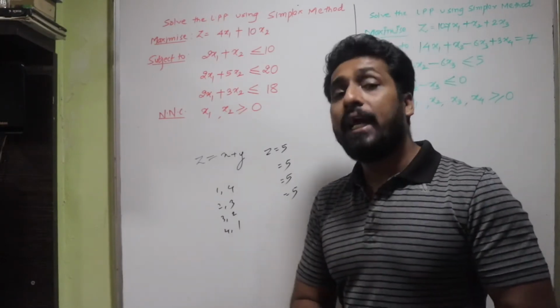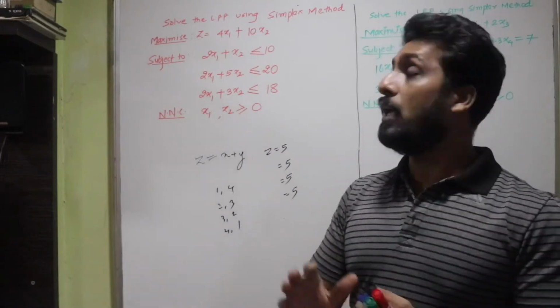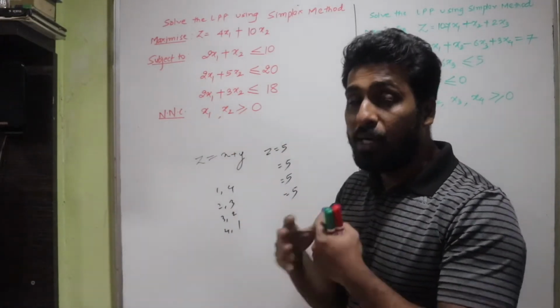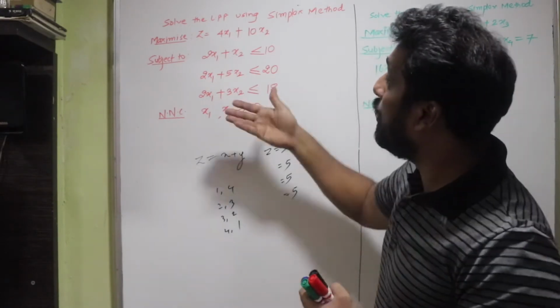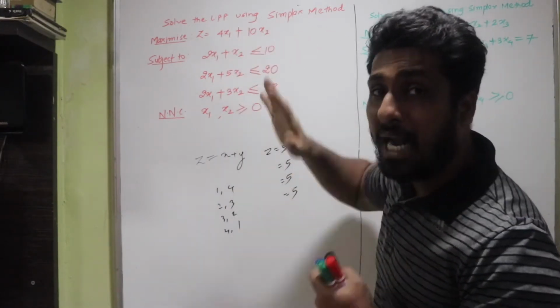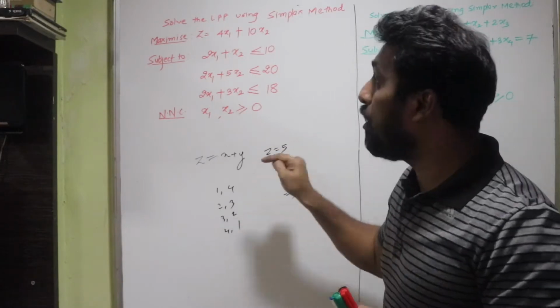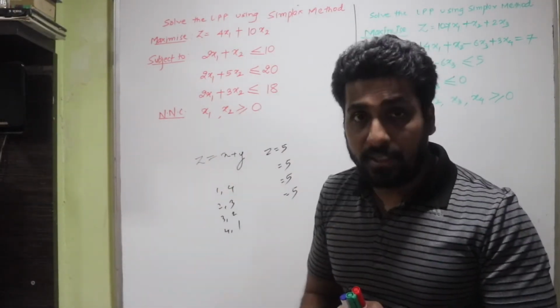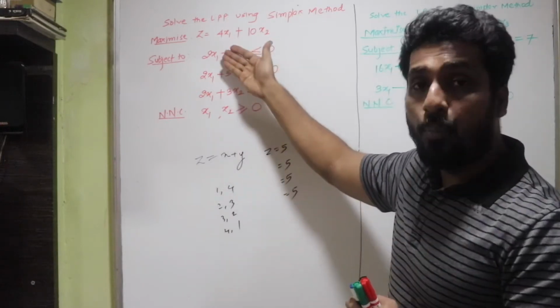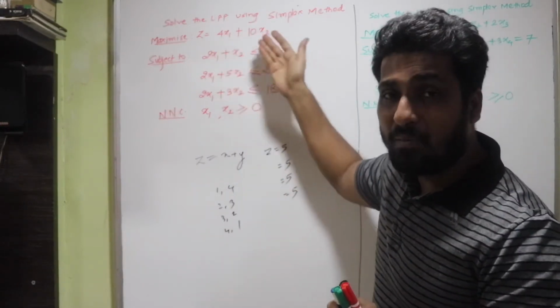That means it is quite possible that multiple feasible solutions can give us the optimum solution. That is quite possible, and that is what is going to happen here. There will be two points which will give us the optimum, the maximum solution.